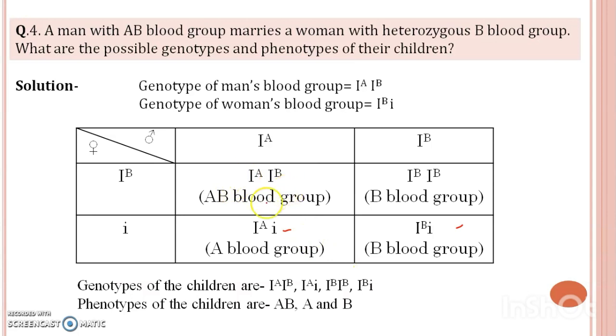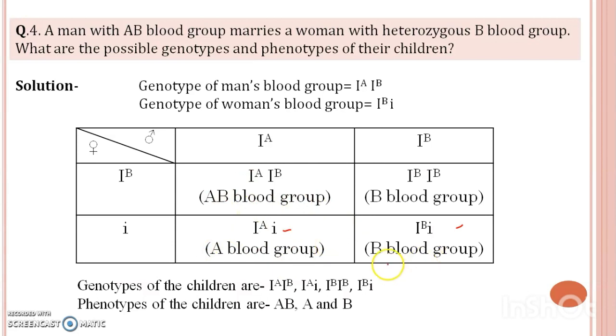So IAIB means AB blood group, IBIB means B blood group, IAi means A blood group, and IBi means B blood group. Okay, so here will be 2 B blood group and 1 AB and 1 A. And we can also say it another way: 50% will be B blood group, 25% AB and the other 25% is A blood group.